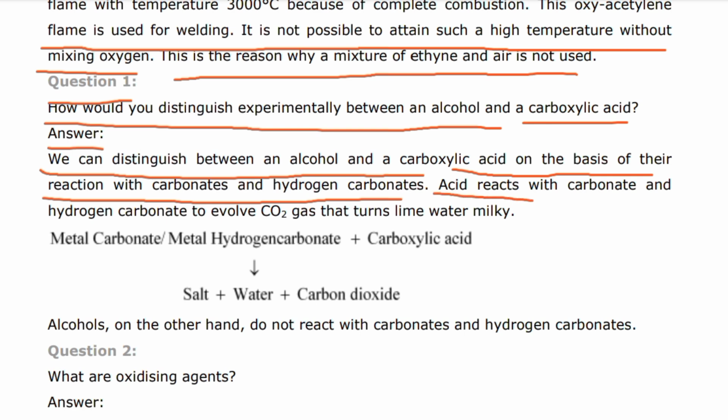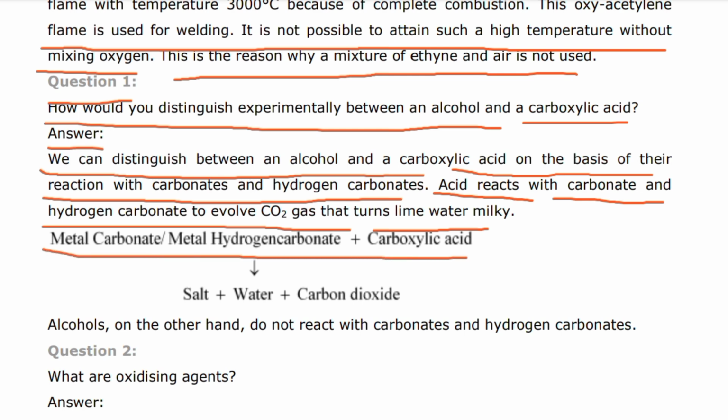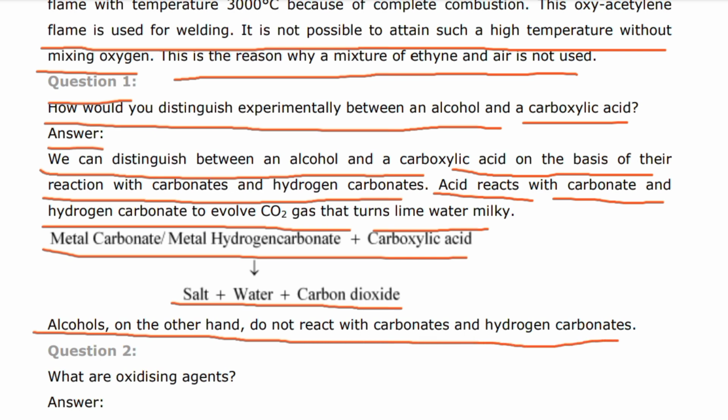Acids react with carbonates and hydrogen carbonates to evolve CO2 gas that turns lime water milky. Metal carbonate or metal hydrogen carbonate plus carboxylic acid gives salt plus water plus carbon dioxide. Alcohols, on the other hand, do not react with carbonates and hydrogen carbonates.